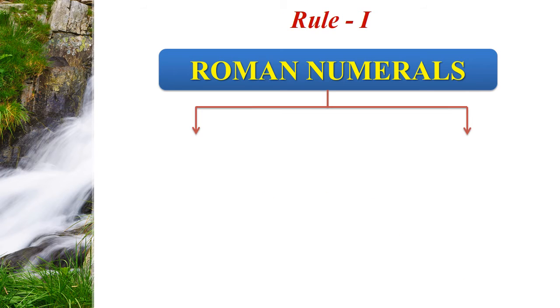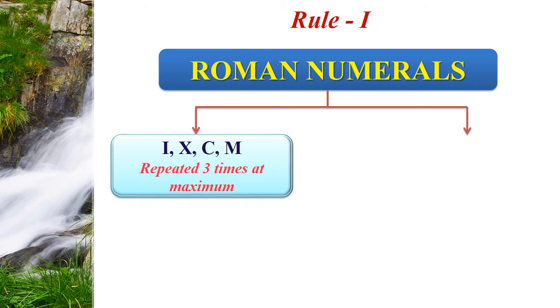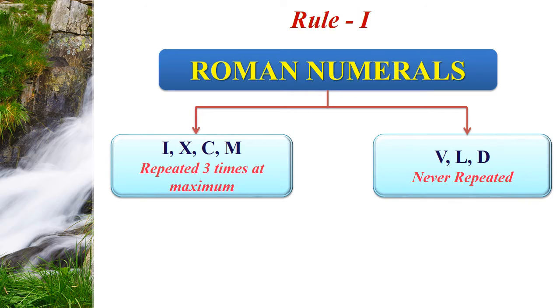The symbols I, X, C, M can be repeated 3 times at maximum, that is, the symbols of value 1, 10, 100, 1000. But the symbols V, L, D are never repeated, that is, the symbols of value 5, 50, 500.